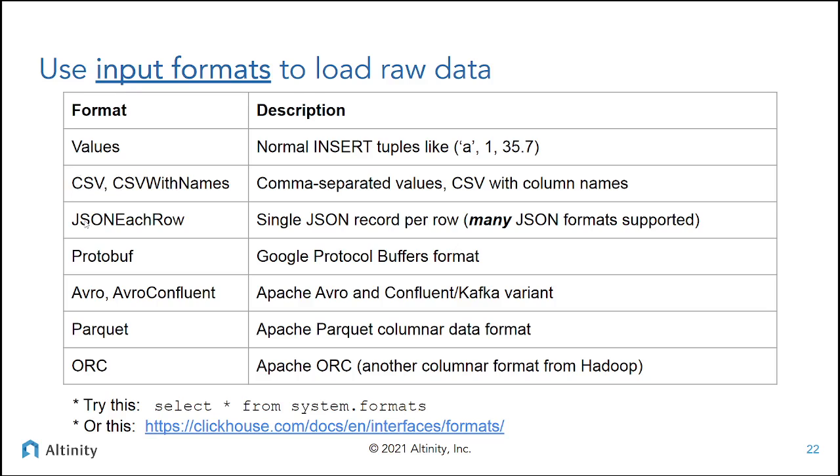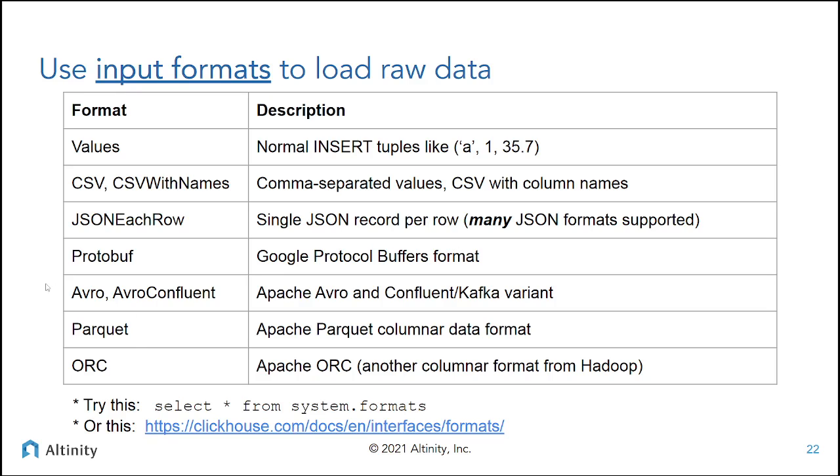We can load JSON. There's a bunch of different ways you can load JSON. The most popular is to have a single JSON document on each row. We can do Protobuf, Avro, Parquet, ORC. There are literally dozens of these. So you can go, and this shows where the docs are. You can go look them up and see which one is suited for you.